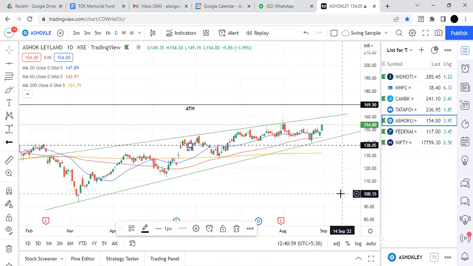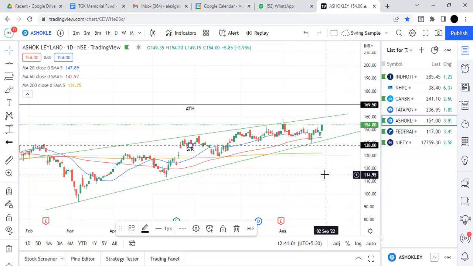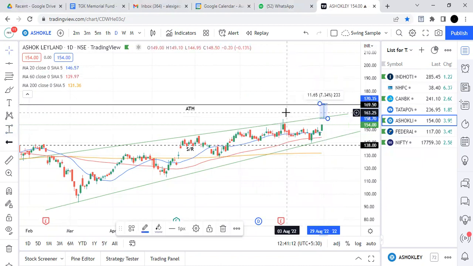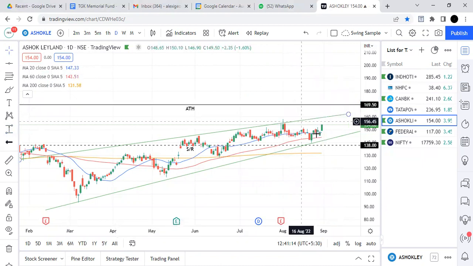I would just put it at 138, not worry about the 55, for Ashok Leyland. And then I would look to move up to the all-time high. The amount won't be very much, but still, that's something you could look at. That's about 5% profit right there with Ashok Leyland.